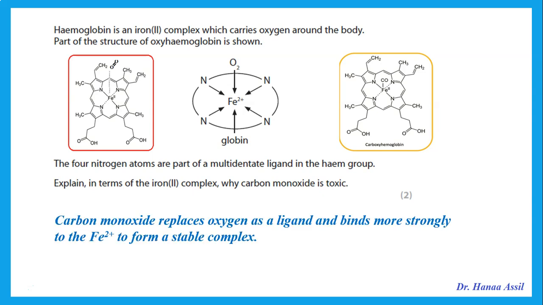So the carbon monoxide replaces the oxygen, and the problem is the dative bond formed by the carbon monoxide is stronger than that for the oxygen. So once the carbon monoxide forms a dative bond to the iron 2, this binds very strongly and it forms a stable complex. So basically the hemoglobin cannot transfer oxygen anymore, and this is toxic to the body.